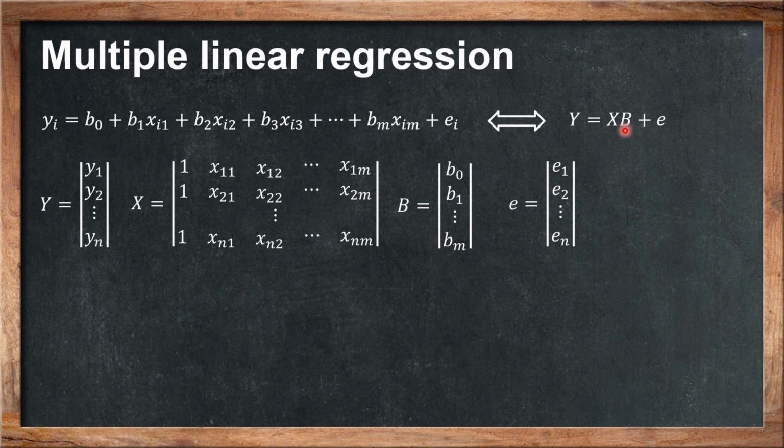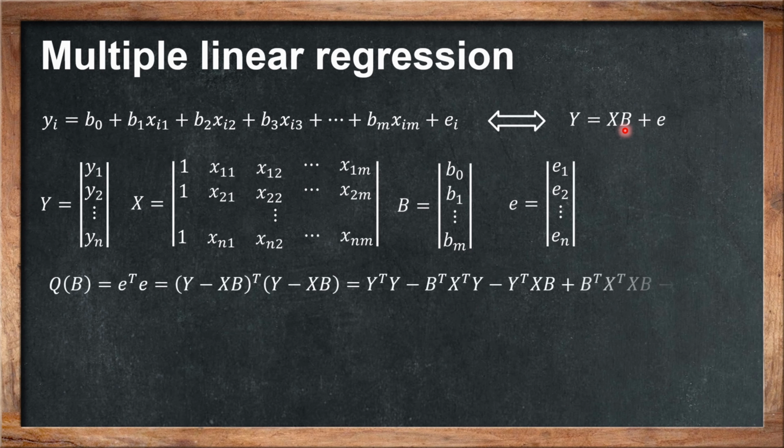Our target function will look like this: Q of b equals E transpose E, which is just another way of writing the sum of e sub i squared. If we express E from this formula, we will have E equals y minus Xb, and if we replace E with this expression here, we will get this.